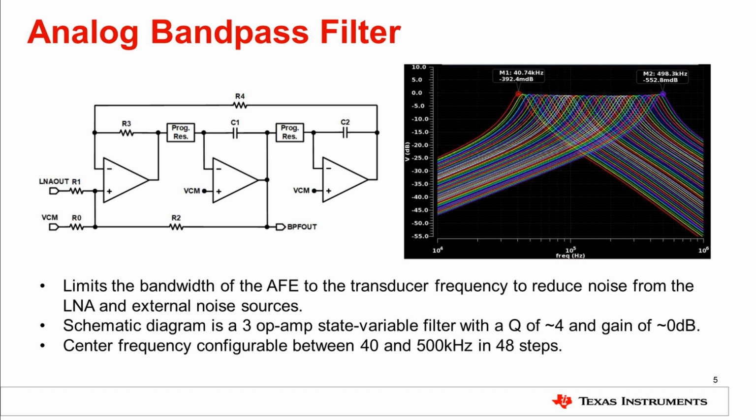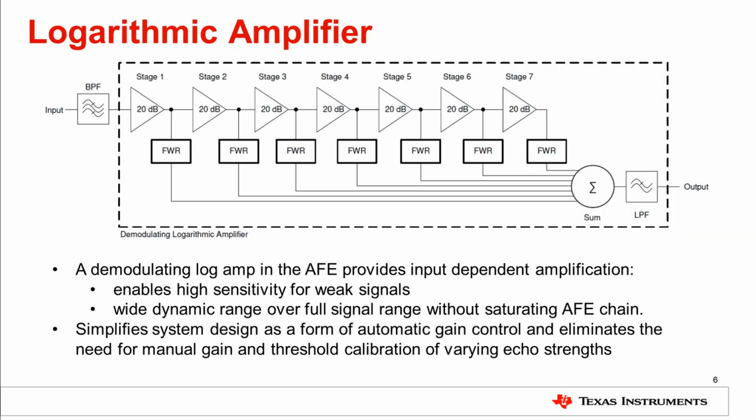In the case of the logarithmic amplifier, or a log-amp, the signal is first bandpass filtered to remove noise outside of the transducer's signal band, then enters the log-amp for input-dependent amplification. The log-amp enables high sensitivity for weak signals and a wide dynamic range over a full signal range without causing saturation of the AFE.